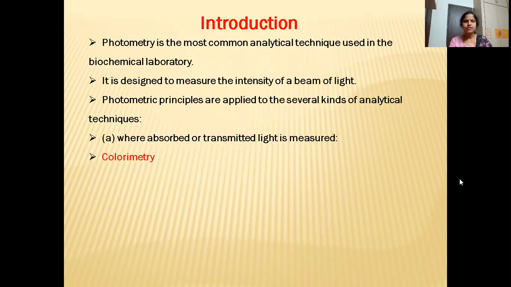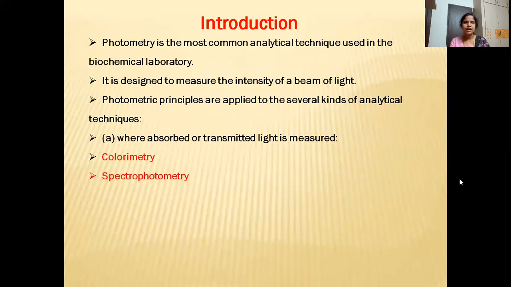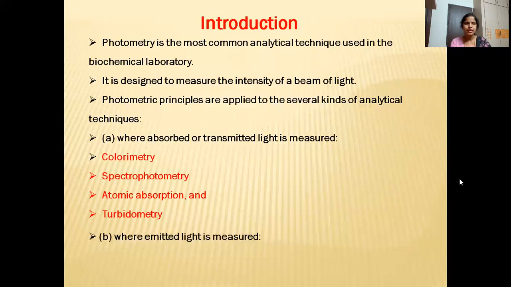So we have different techniques for this. Suppose if we want to measure absorbed or the transmitted light, we can use colorimetry, spectrophotometry, atomic absorption, and turbidometry. So by these techniques, we can measure the light which is being absorbed or transmitted.